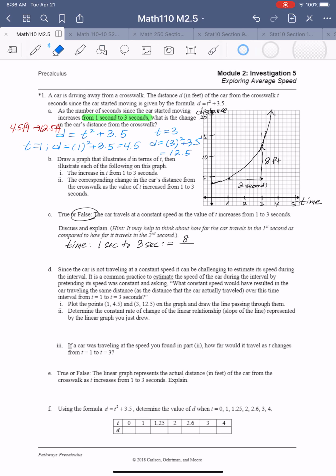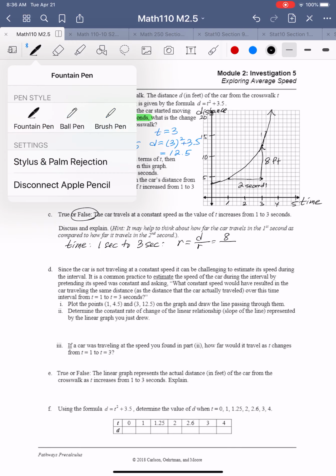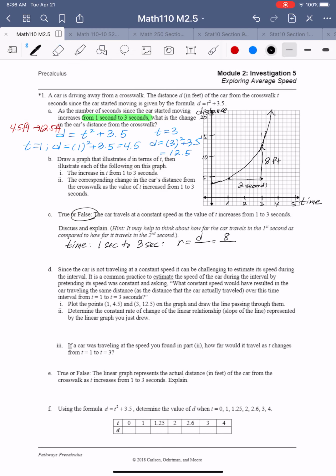Let me put it this way: speed, which is a rate, is distance over time. Distance is 8, and time is 2 seconds, so this becomes 4 feet per second.